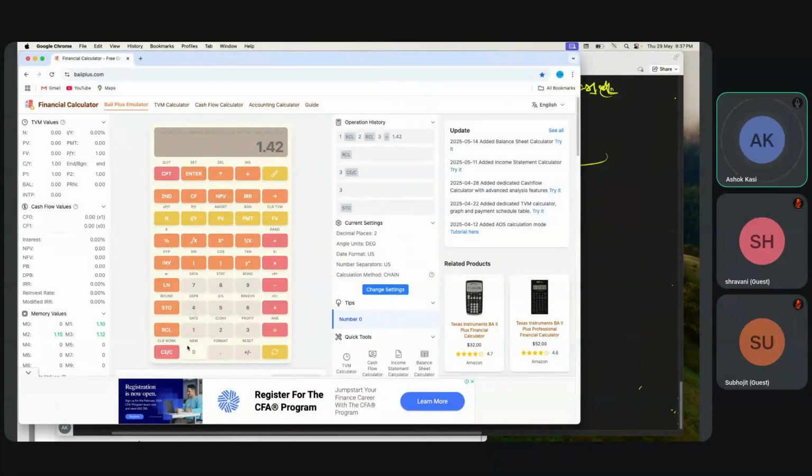What you are supposed to do is, first we have to change this. You have only 2 decimal in your calculator, right? Actually, it should be changed to 8 or 9 decimal. We will do that also now, but let it be 1.42 now.